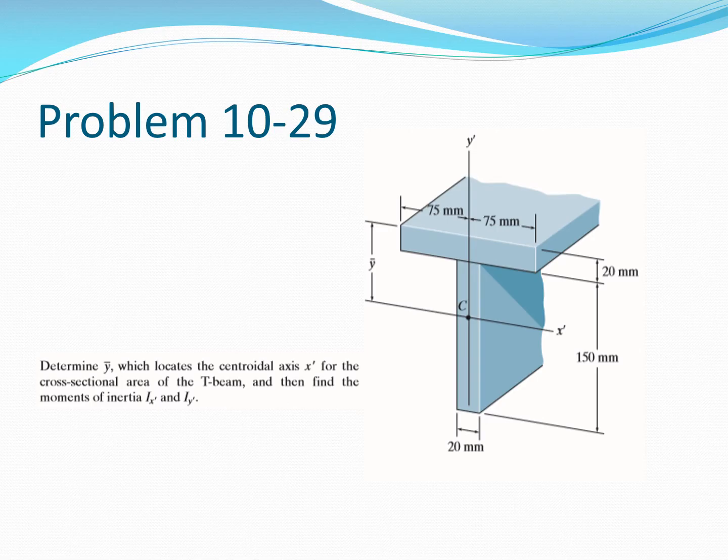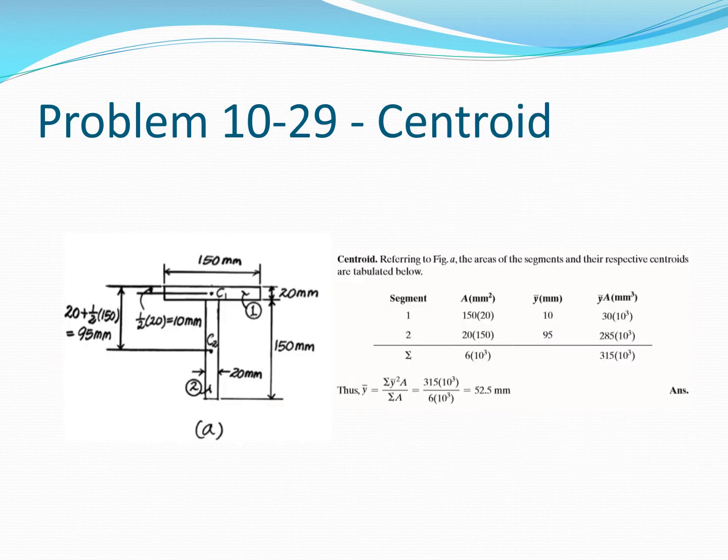Step number one, find the centroid. Step number two, jump to the back of your book and find your Ix values based upon setting x where the centroid is. If that makes any sense. Hopefully it will. We can see the problem. So we've got two shapes, two rectangles. One's horizontal, one's vertical.